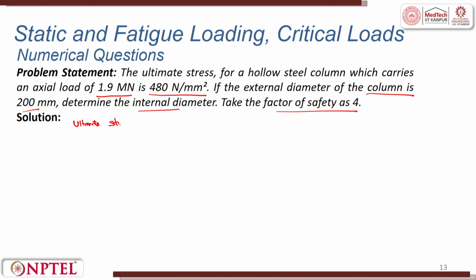We have been given that ultimate stress is equal to 480 Newton per millimeter square. It says axial load is there. What is the load? P, it is axial load. This is equal to 1.9 mega Newton, or I can put it as 1.9 into 10 raised to power 6 Newtons, right.